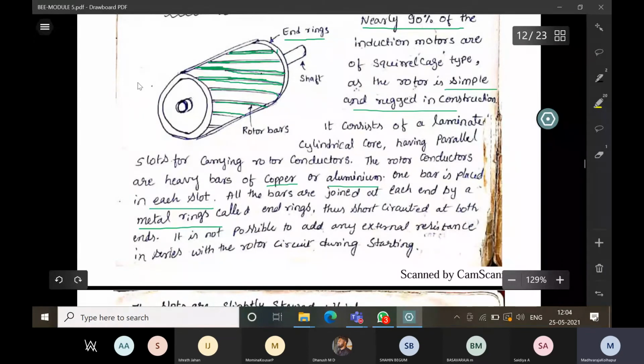If you want to connect a rheostat to this rotor, that is not possible. External resistance cannot be connected in series with the rotor circuit during starting. This is called the squirrel cage rotor.